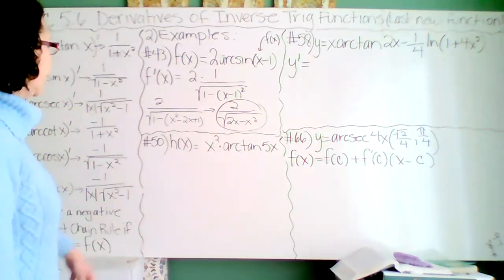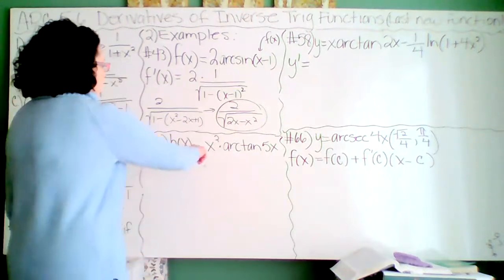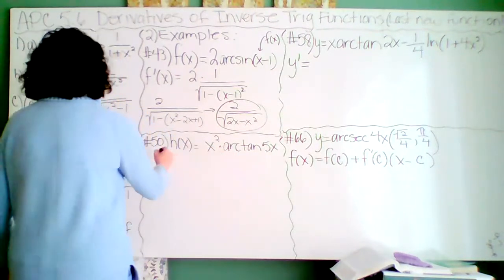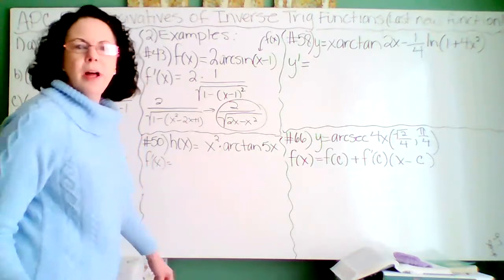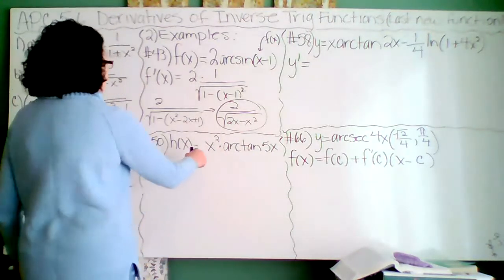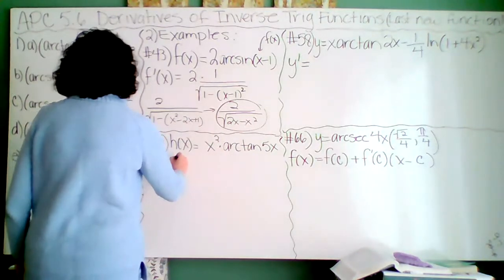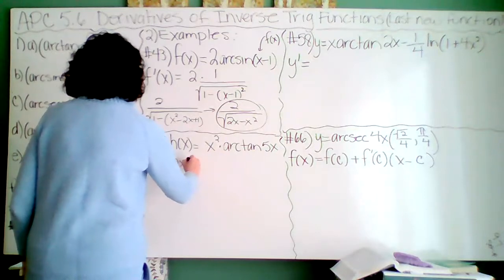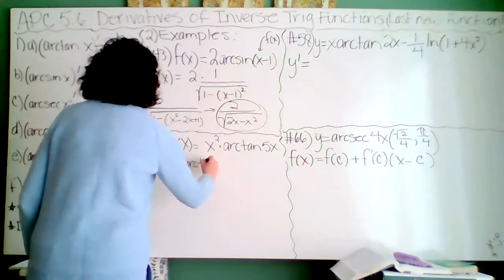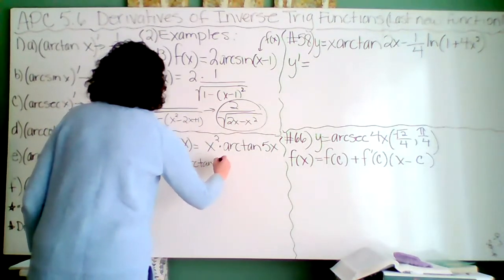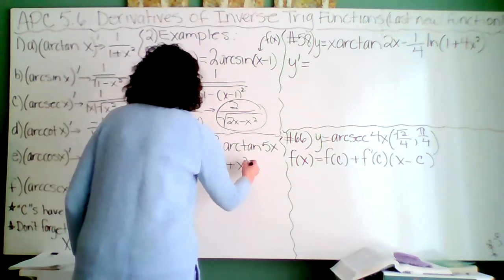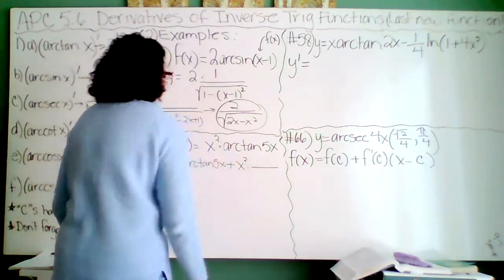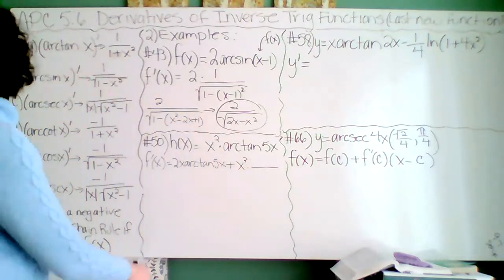On number 50, they asked for the derivative of x squared times arctangent 5x. So we are just going to use the product rule and talk our way through it. The derivative of x squared is 2x times arctangent of 5x, plus I'm going to keep my x squared and multiply by the derivative of arctangent of 5x.